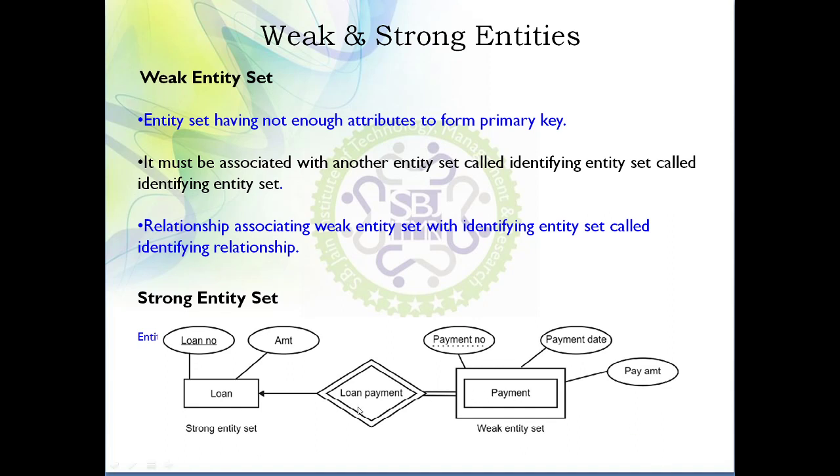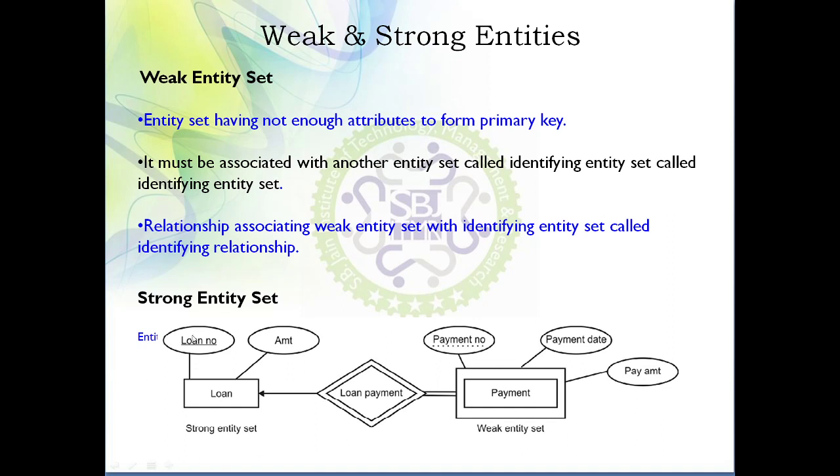This double diamond represents the identifying relationship, and this loan is a strong entity, or it is also called an identifying entity set. So the weak entity always depends on a strong entity, and it is associated with an entity set called an identifying entity set.